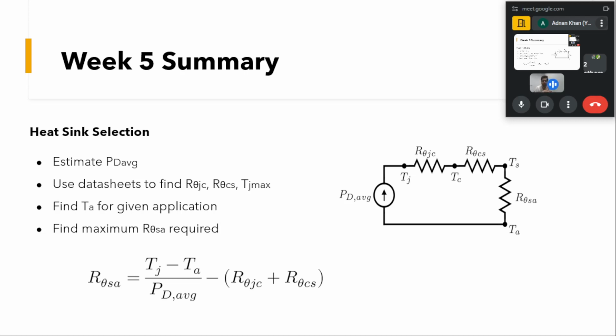And if we also want to limit the junction temperature at a particular temperature, then these things are known to us. We can then calculate the thermal resistance of the heat sink.